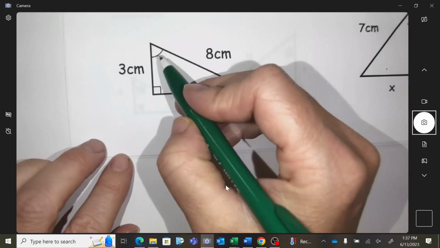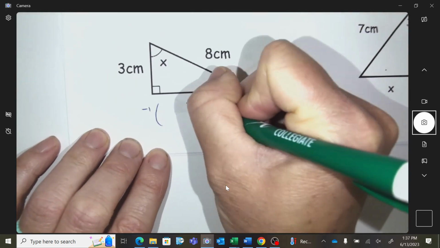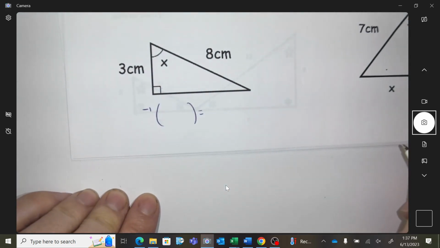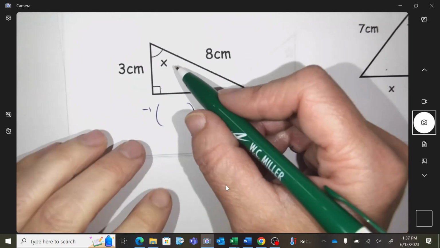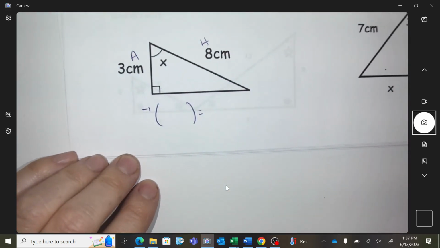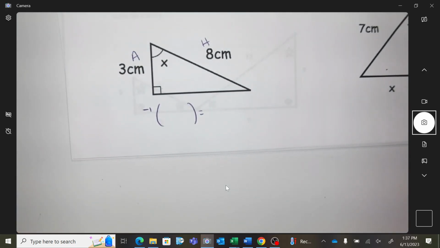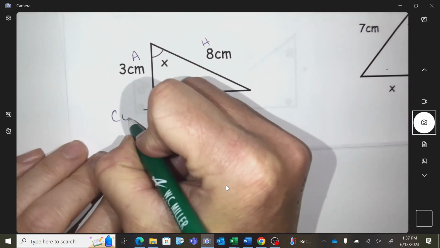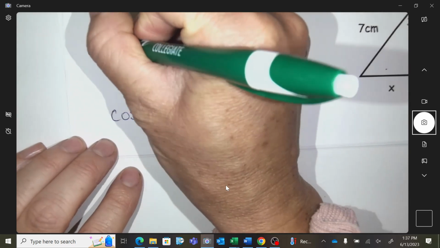Next triangle, I'm finding an angle again. So I know I'm going to inverse something. Going to be inversing because I'm getting an angle. And the letters are A and H. That's an A and that's an H. So we are going to be cos inversing. That's a CA.